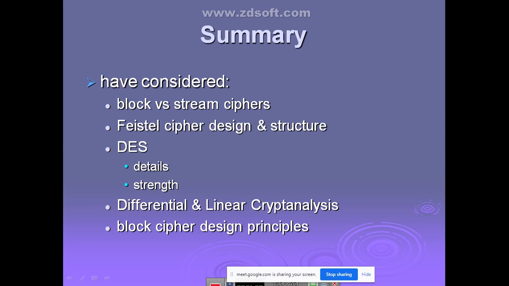Lastly we have studied block cipher design principles. That point is not there in your syllabus, so we have not discussed differential and linear cryptanalysis. Only the last point, block cipher design principle, is there, and we have seen it.